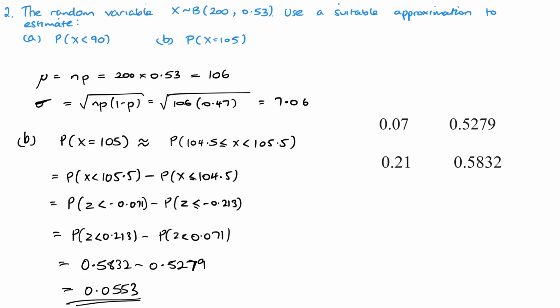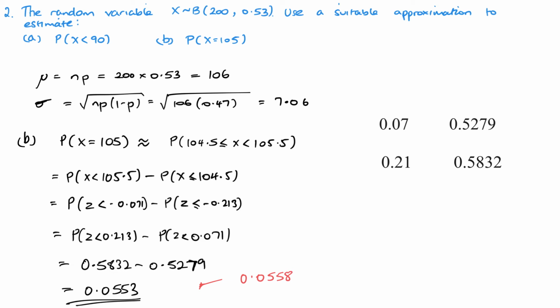It's worth noting at this point that doing this method you are doing a little bit of rounding and you are using your values from the tables. But if I use this original piece of data in my calculator, using the binomial as in the original, what I get is 0.0558.